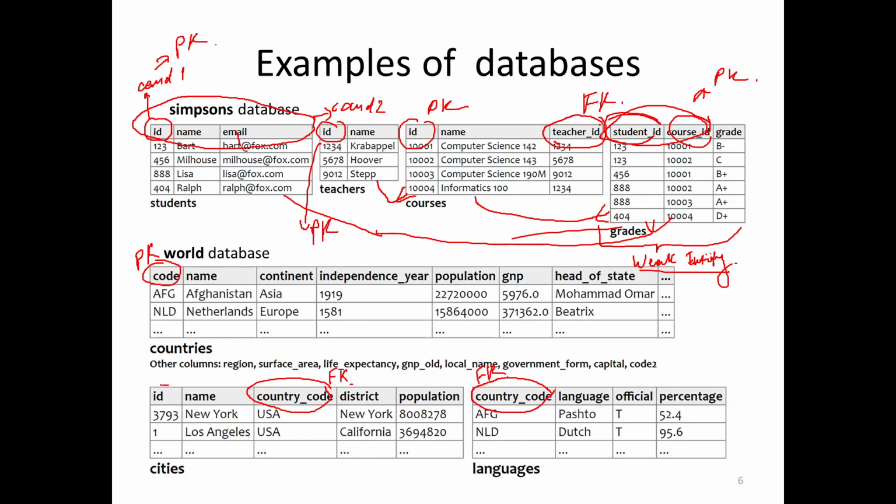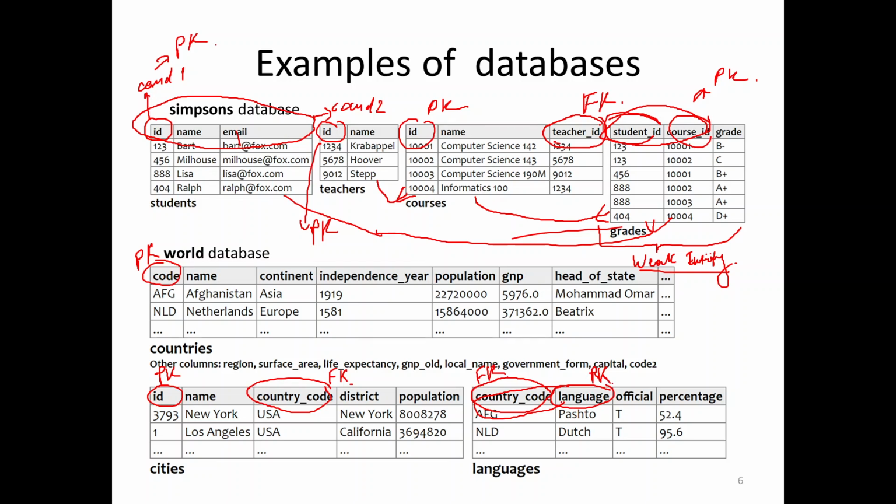We can have a primary key for every table. For example, the language and the country code could serve as a primary key for this particular table.